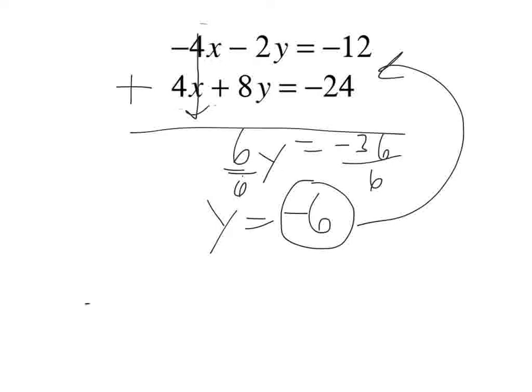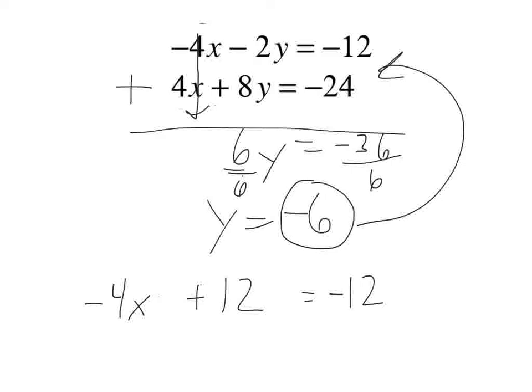So if I take negative 4x minus 2 times, now y equals negative 6 because we found that out, that's going to equal negative 12. I can do that math. So this would actually be a plus 12. So I'm going to change that into a plus 12.